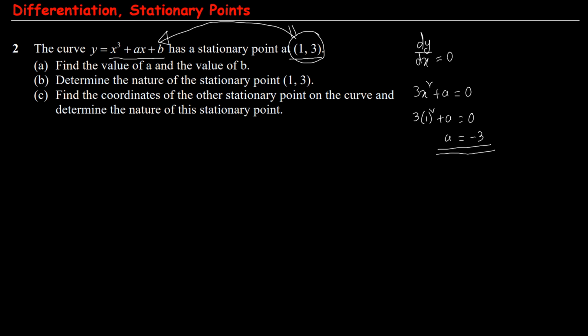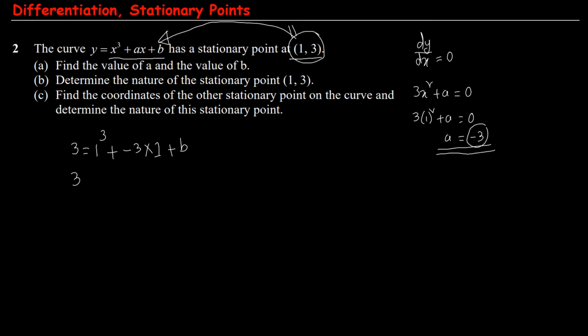The point (1, 3) satisfies this equation. So as the y value, we write 3 equals 1 to the power 3 plus the a value we got, minus 3, into the x value 1, plus b. This is our second equation.